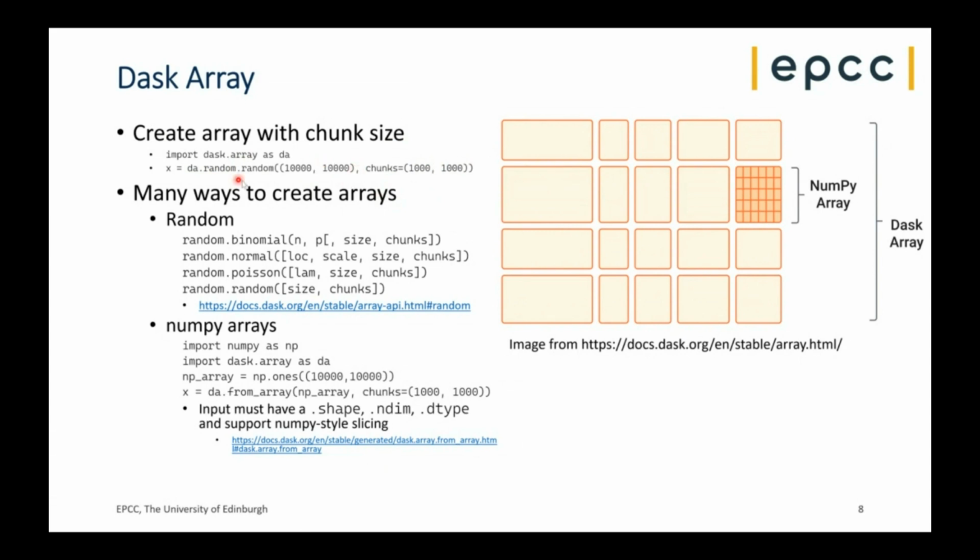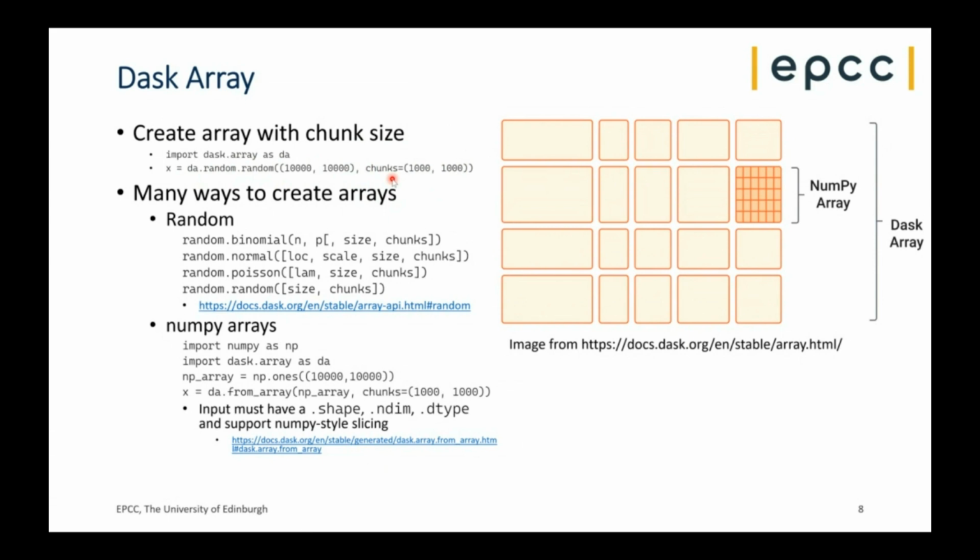If I was just running this in NumPy, it would be numpy.random, 10,000 by 10,000. Because this is Dask, I've got to specify this chunks element to say how much I want to split this up across my workers.